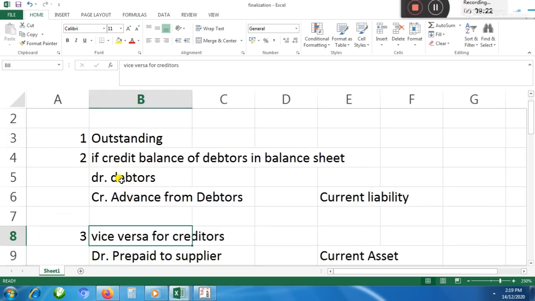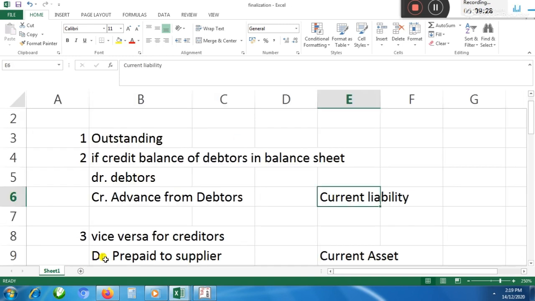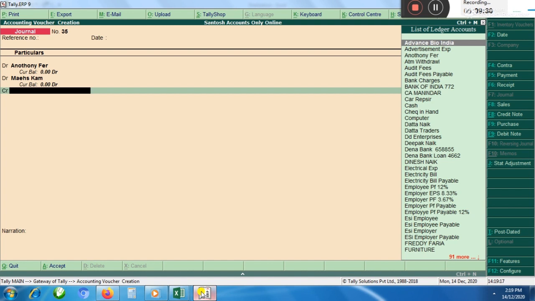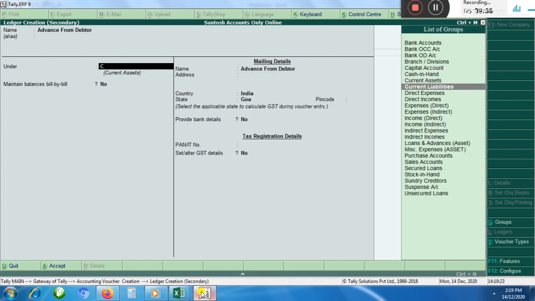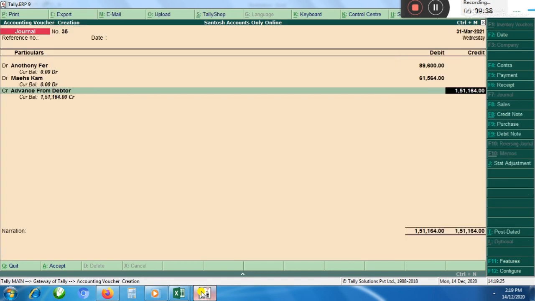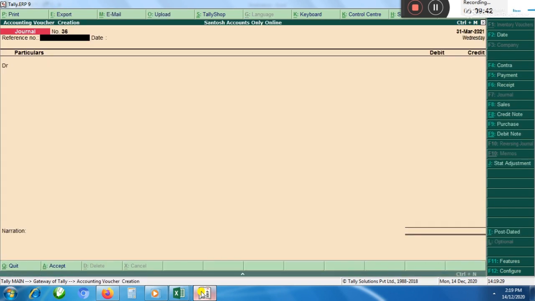You can create some debtors, debit the debtors and credit advance from debtors as a current liability. So I'll go to the Excel, and here advance from debtors, current liability. Remember, this is very, very important. So this is one entry.